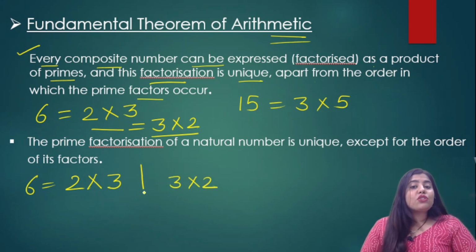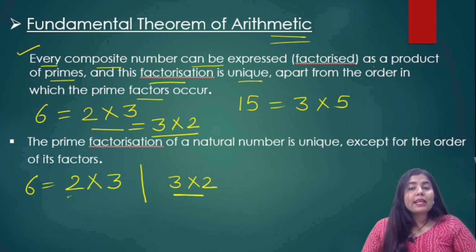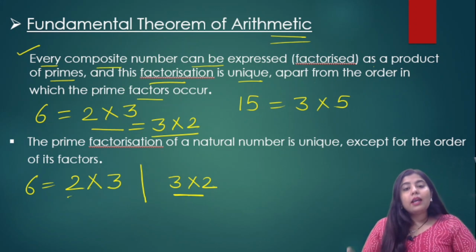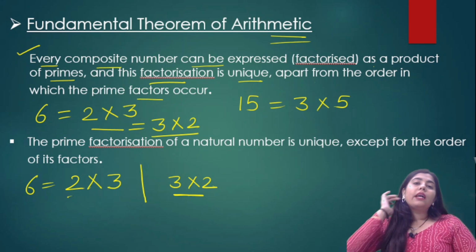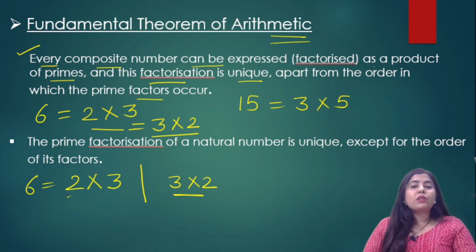But it is unique means here only the order of these primes changes, but the factorization is unique, which means there are no other factors we can use to show 6 as the product of primes. Clear?